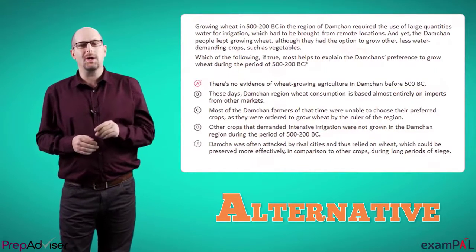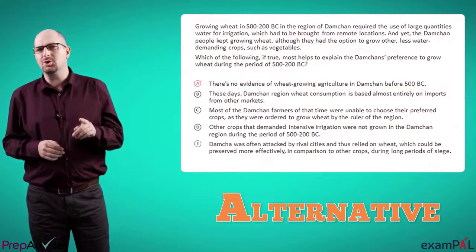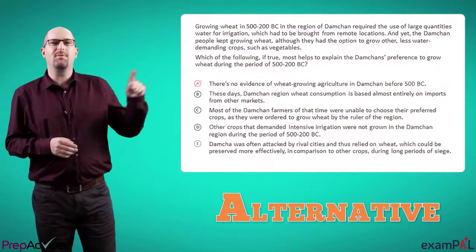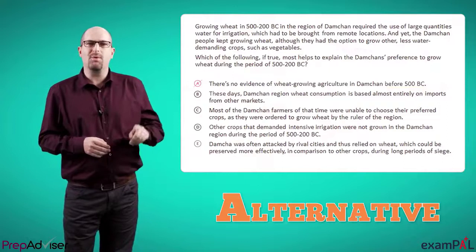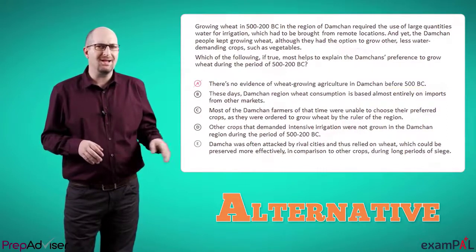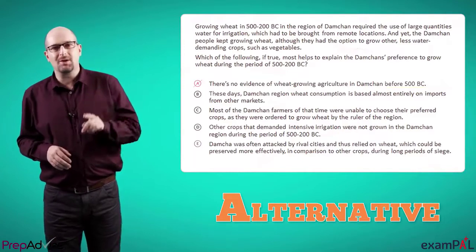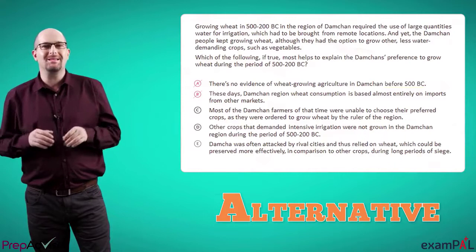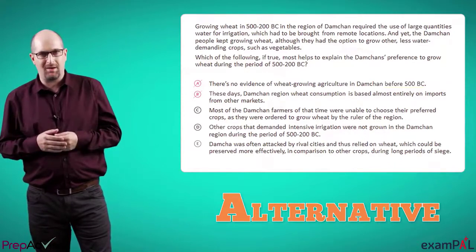Notice, we're talking about 500 to 200 BC. That's 500 to 200 before Christ. So before 500 BC is out of our range. It's not interesting. Similarly, B is irrelevant because it describes something these days and not in the relevant era.